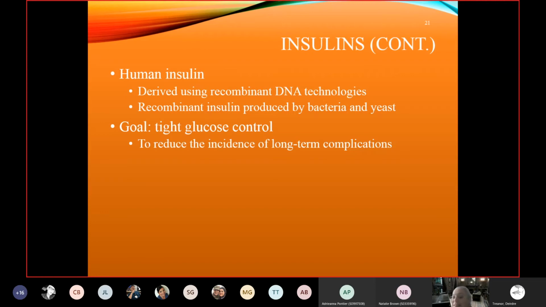The only rapid acting that is human is Lispro. Short acting ones, you have regular, Humulin R, and Novolin R. And the only long acting human insulin is Glargine, or Lantus.